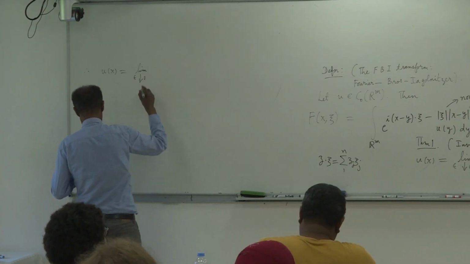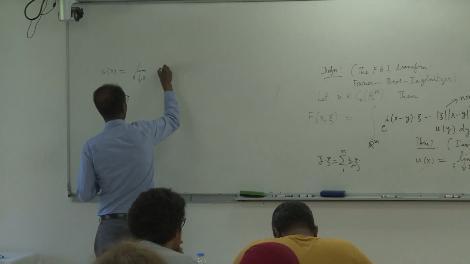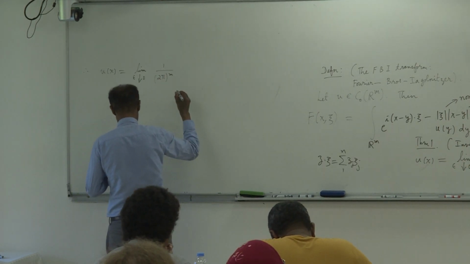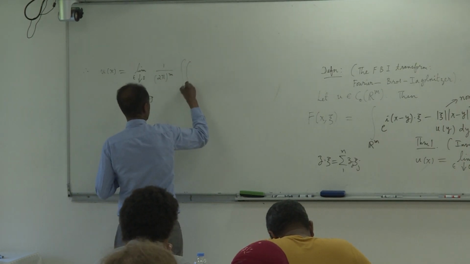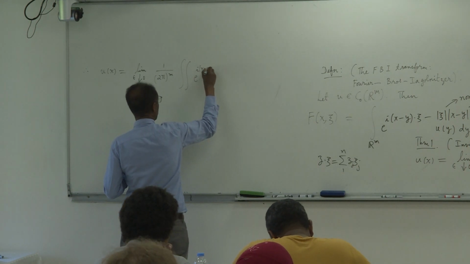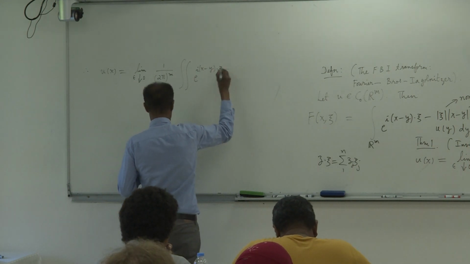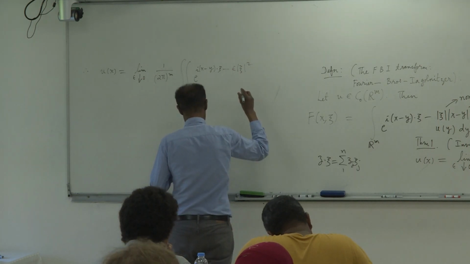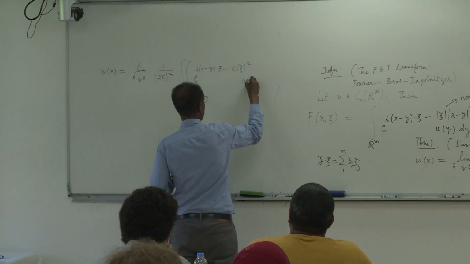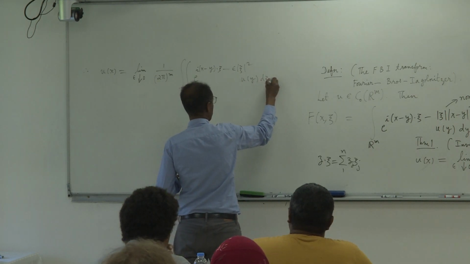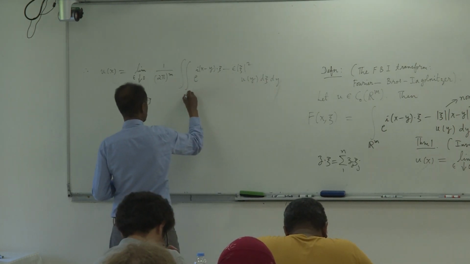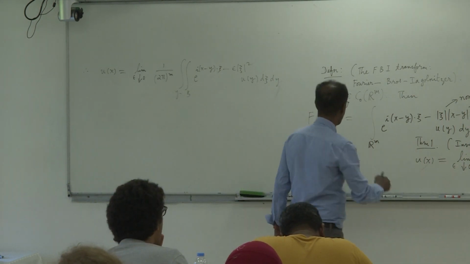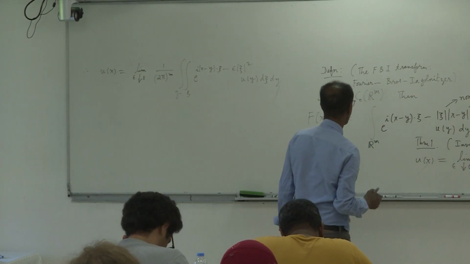So I have this constant, integral e^{i(x-y)·ξ - ε|ξ|²} u(y) dξ dy. Okay, so I have ξ integration, y integration. And, well, this is the FBI transform.